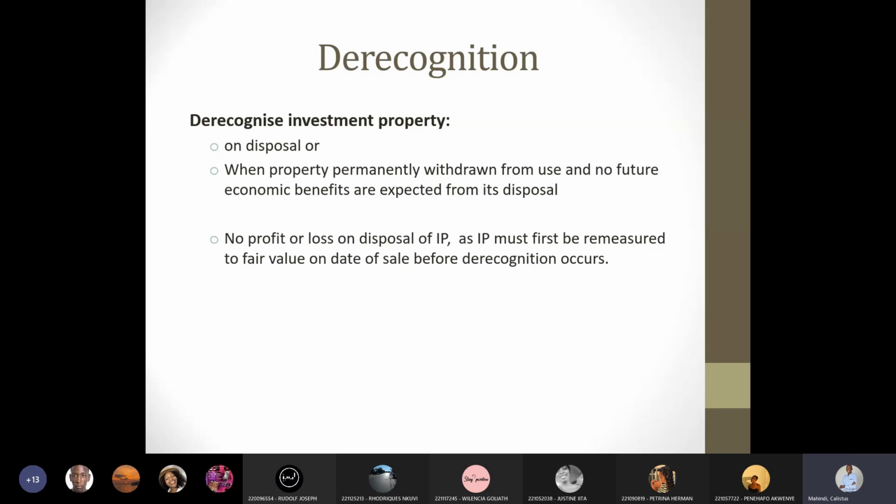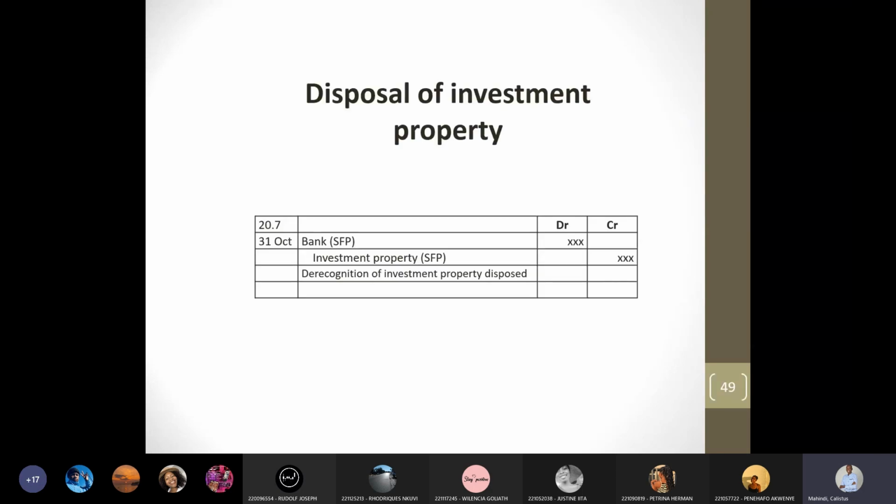Now, when we are dealing with the derecognition of investment property, there's no profit or loss on disposal of the investment property, as we must first remeasure the investment property on the date of sale before derecognition occurs. So as a result of the remeasurement, you will not have a gain or loss on disposal.